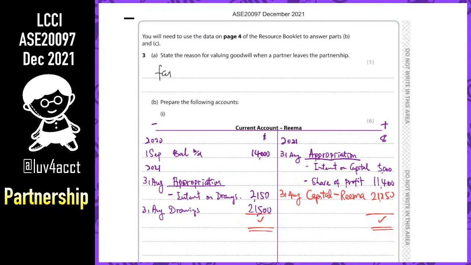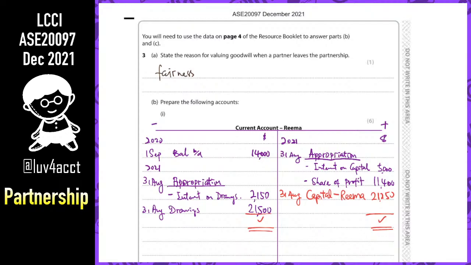It's always about fairness. Because during the operations, sometimes the book value would be different from the fair value of the assets and liabilities of a business. And if there's no change in partnership, then the current partners enjoy what it is in the business. There's no need to change. But then, if there is a change, then we have to be fair to everyone.